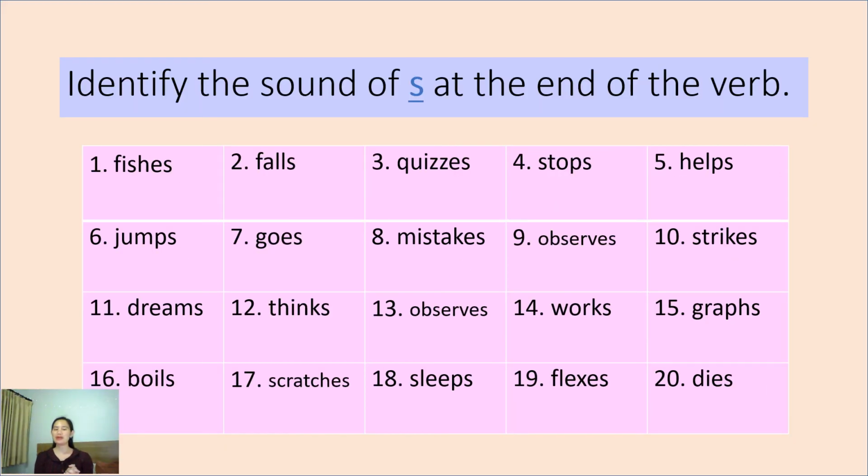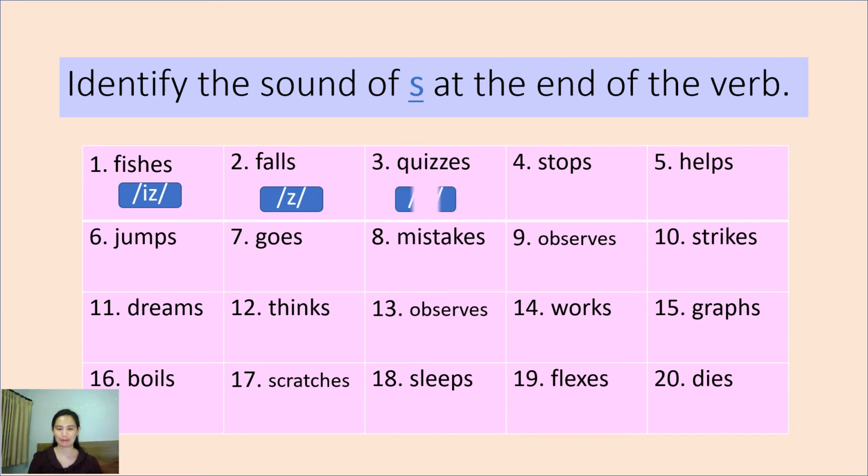Now let's do an exercise by identifying the sound of S at the end of the verb. Now let's go to the first word. Number 1 is fishes. Number 2, Z, falls.